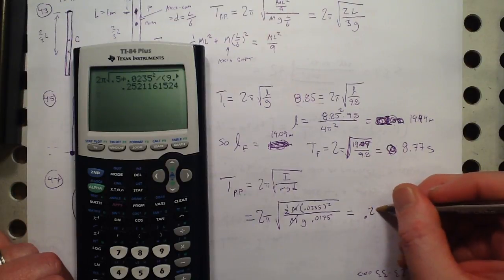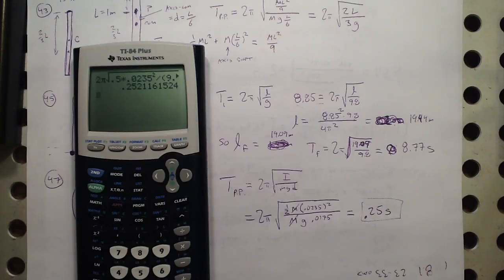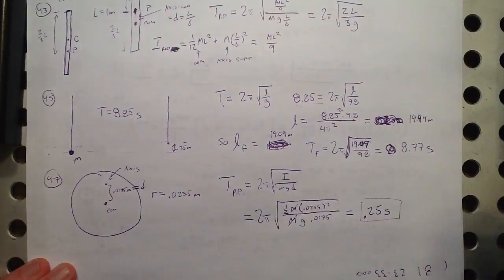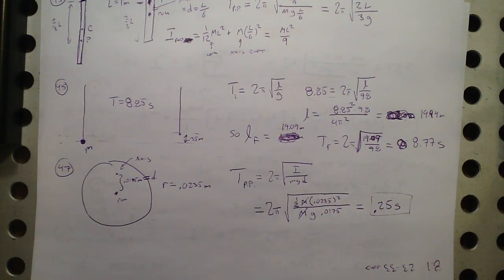So it's going to have a period of about 0.25 seconds. Just give that a quick check in the back of the book. And that is not correct. So now we go back and see what we did wrong. Did I make some kind of big mistake, or did I just put a number in wrong?